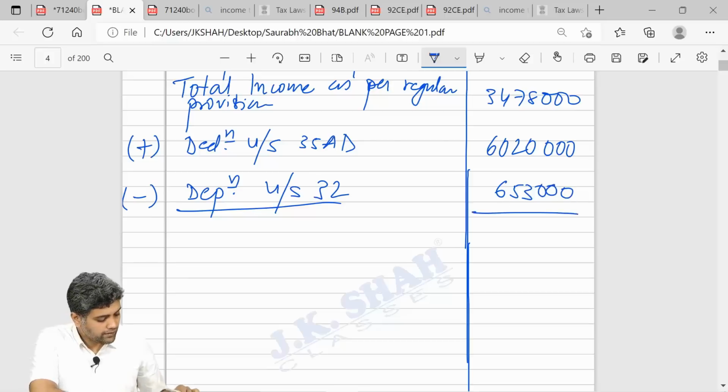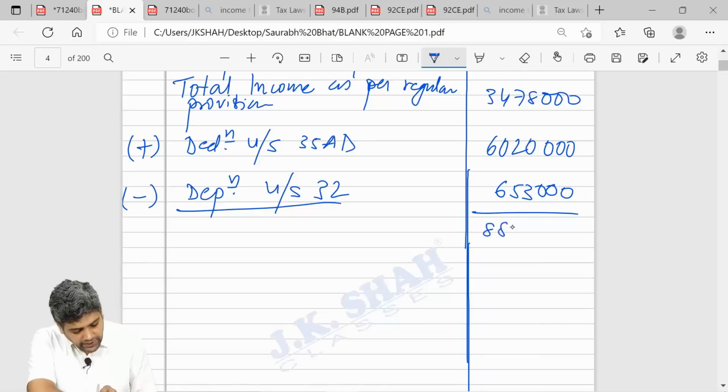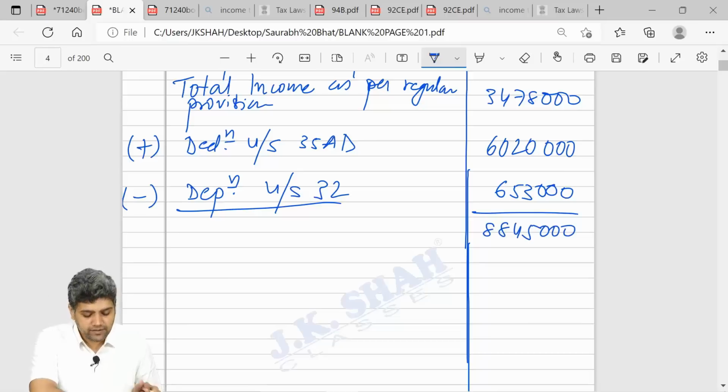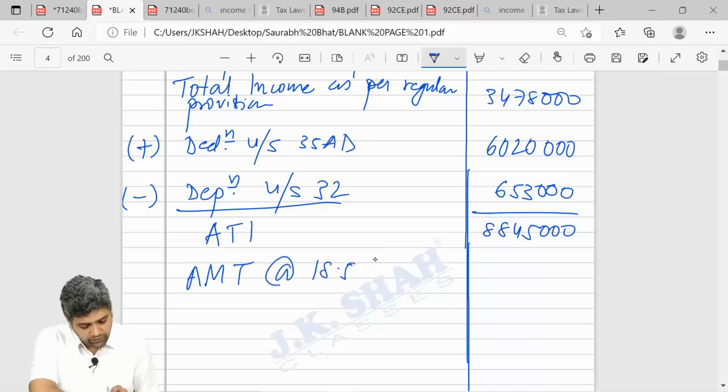So 34,78,000 plus 60,20,000 minus 6,53,000, so 88,45,000 is your adjusted total income. On this, AMT will be at the rate of 18.5%.